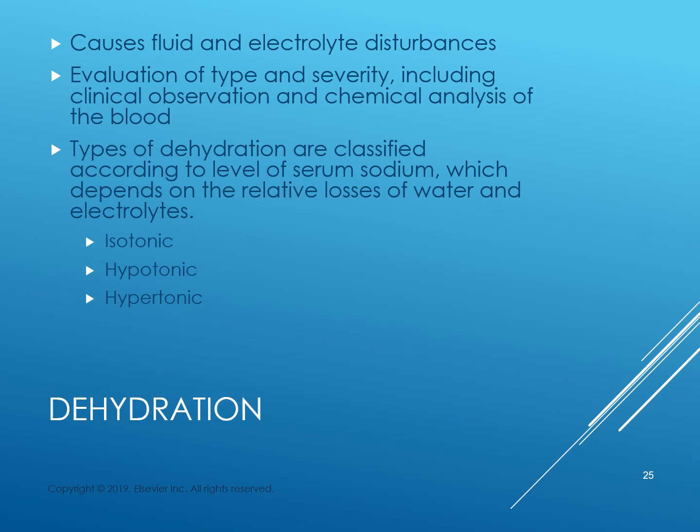Problems of fluid and electrolyte disturbance will require evaluation of the type and severity of dehydration, clinical observation of the patient, and the chemical analysis of the blood. See Table 28.2 for more information on isotonic, hypertonic, and hypotonic fluids and dehydration.